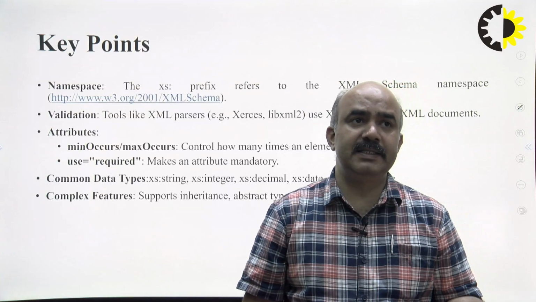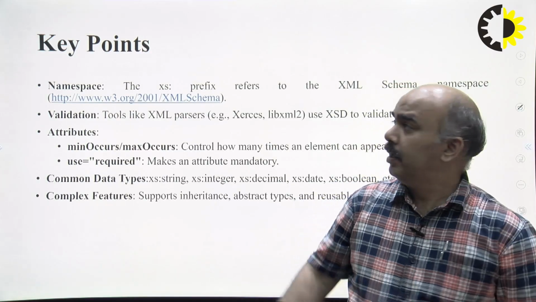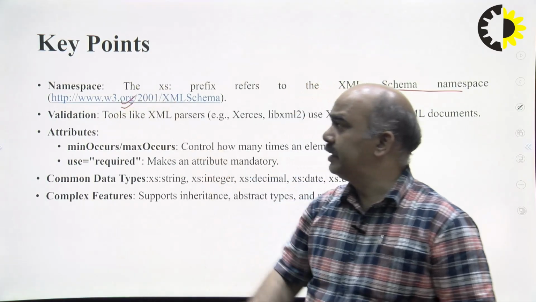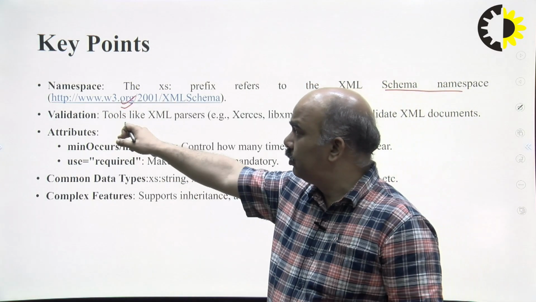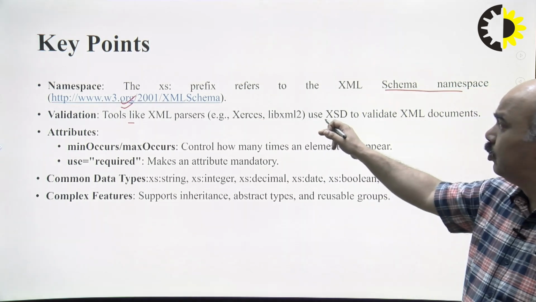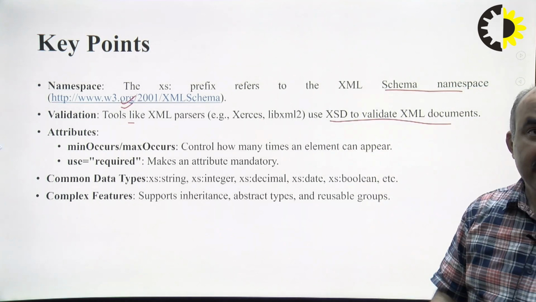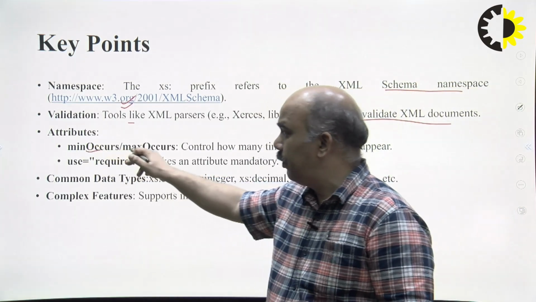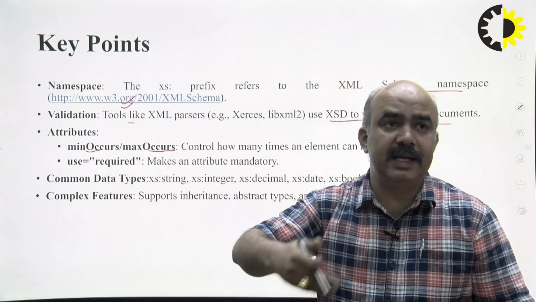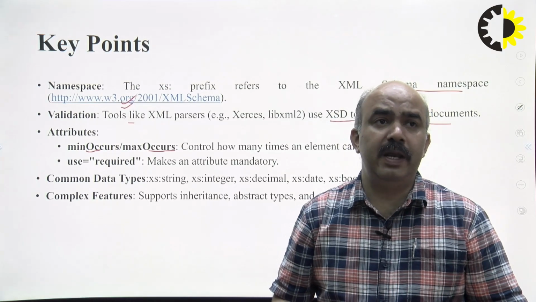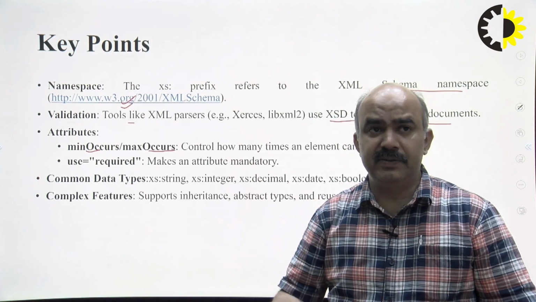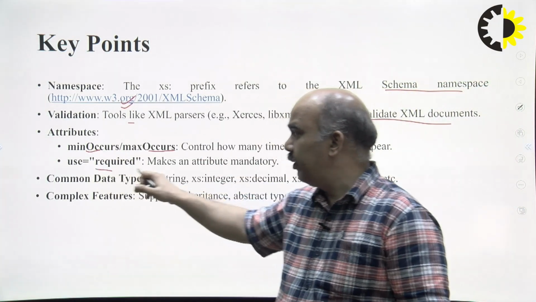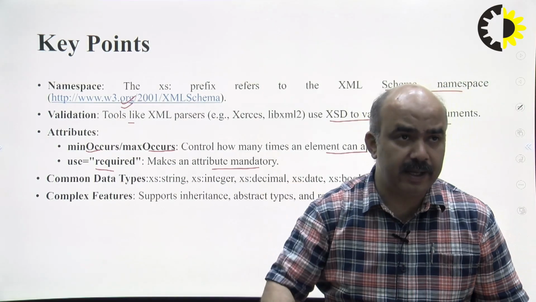So the key points here: in this namespace, xs refers to the XML schema namespace, which is defined in this link. Validator tools like an XML parser are used to validate the XML documents. minOccurs or maxOccurs means how many times an element has to appear in the XML schema, controlling how many times elements can appear. use equal to required makes an attribute mandatory.